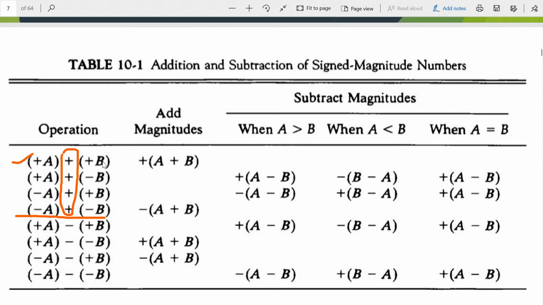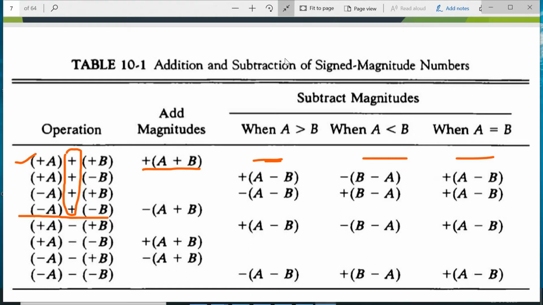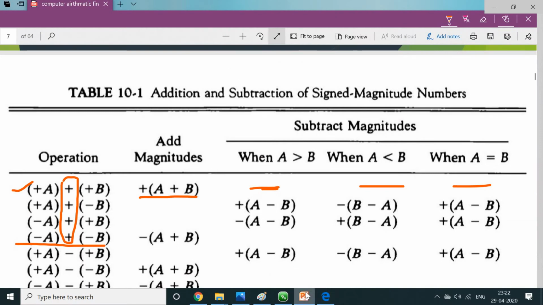So the subtract magnitudes column is filled with zeros, there are no subtraction operations. We only observe plus A plus B, and the overall magnitude is a positive number. So let us make a small example in this case.